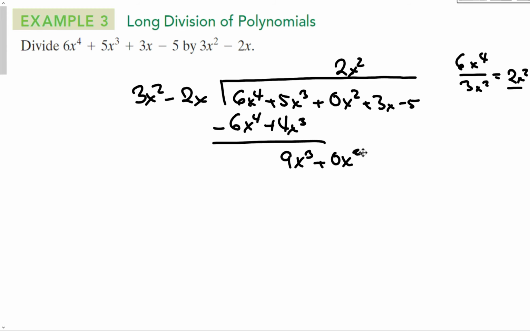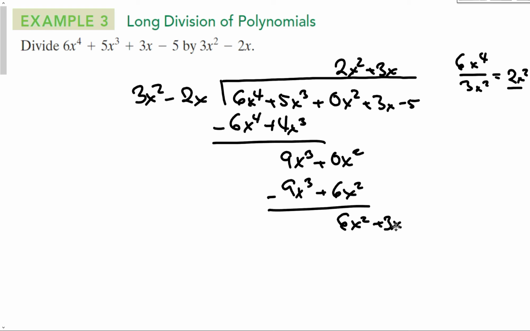Because now that helps you keep this next term organized, and then when I divide and get 3x, multiply, we now get 9x to the third minus 6x squared. If I didn't put that 0x squared in there, there would be nothing for me to add the 6x squared to. Bring down the 3x.